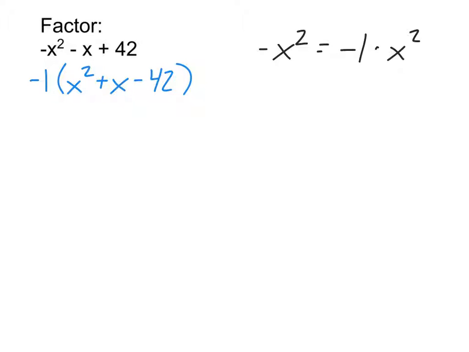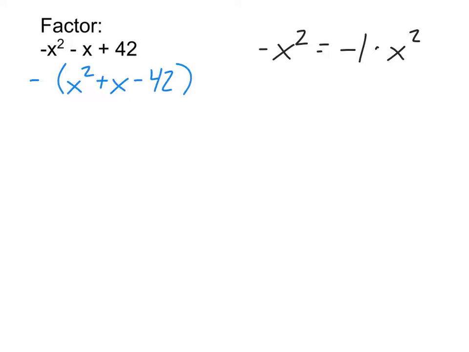I don't like that -1 there. It can be simpler. And so rather than writing -1, we can just go ahead and write that as a negative in front of the parentheses, because it means the same thing. That negative means -1 times the parentheses.